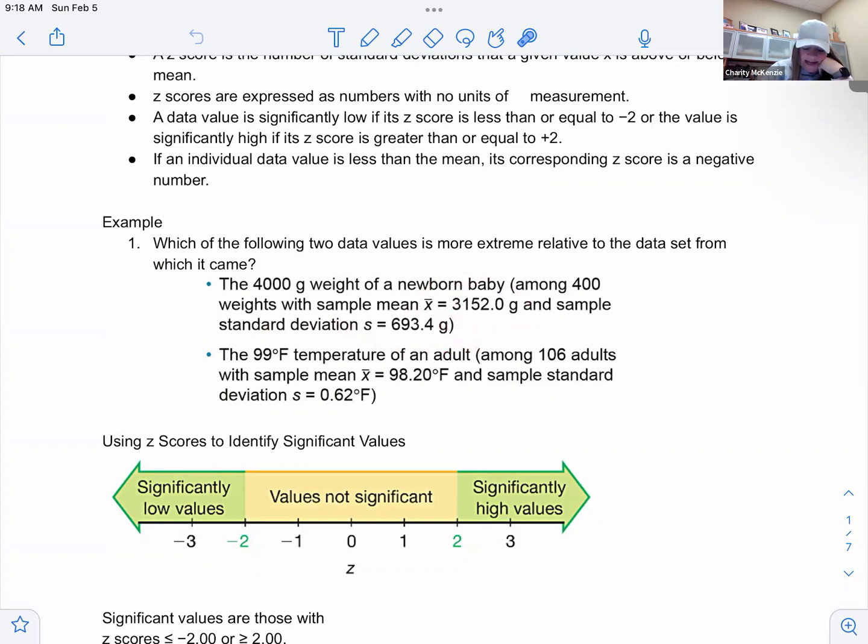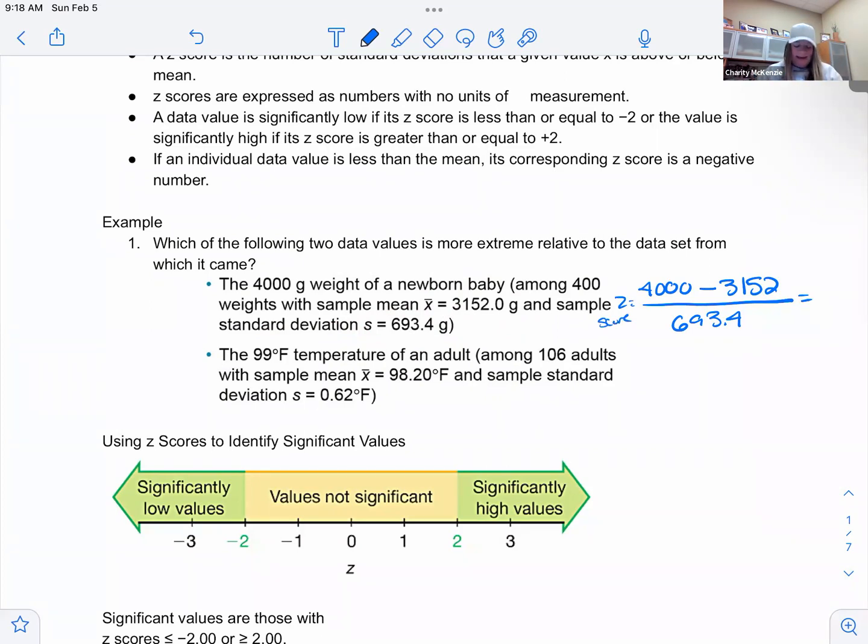So we're going to take this 4,000, that's our data value, subtract the mean, which was 3,152, and divide by the standard deviation. This is going to give us our z-score.